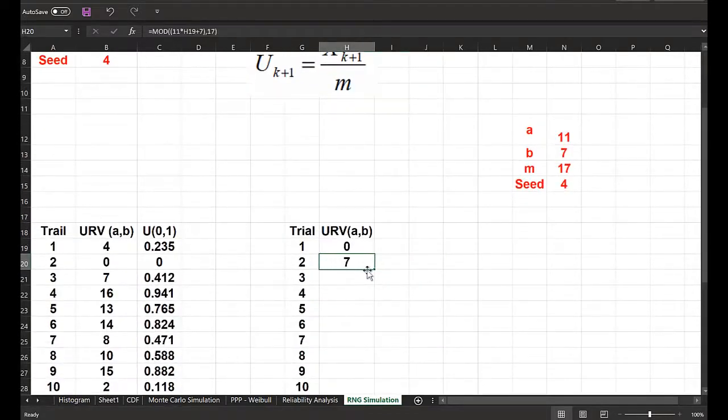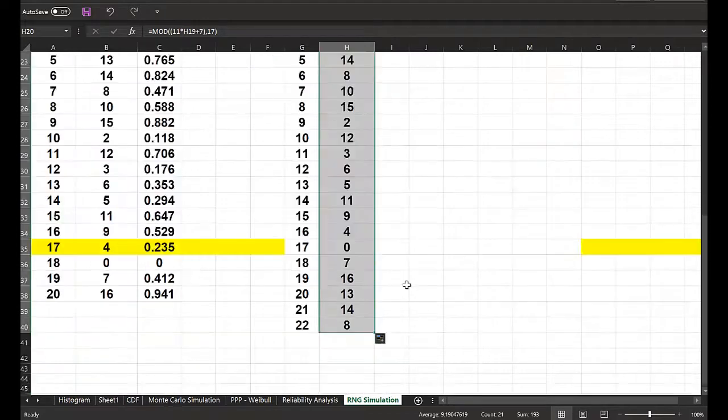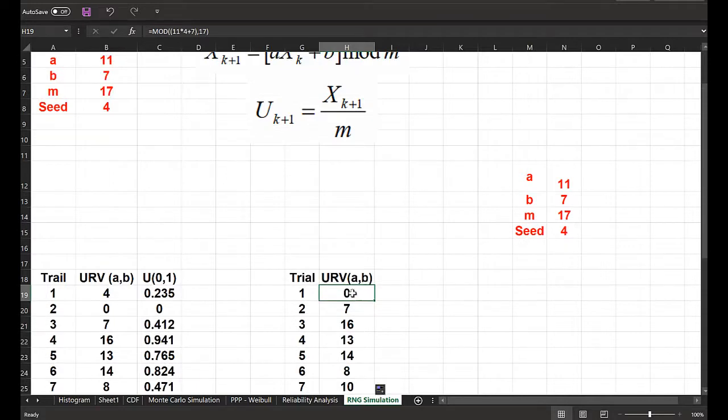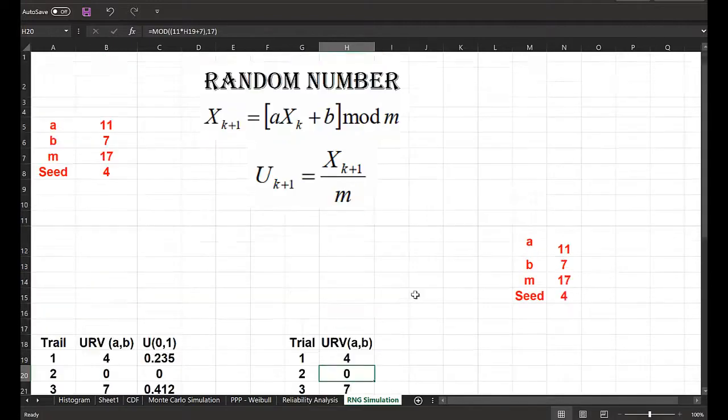Now what we can do is extend this, and then we can get the random numbers. The first random variable was 4, since the seed value was 4, so we don't have to use this formula, we can simply put this equal to 4. Then we can get the random numbers.